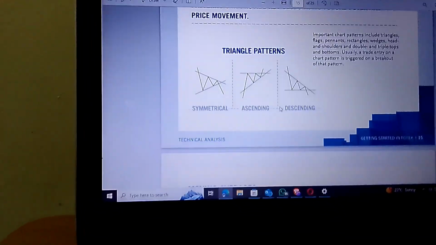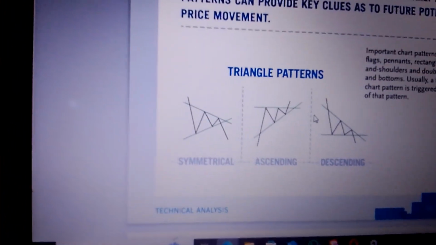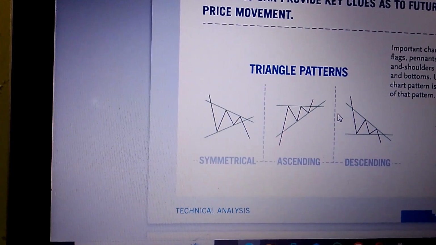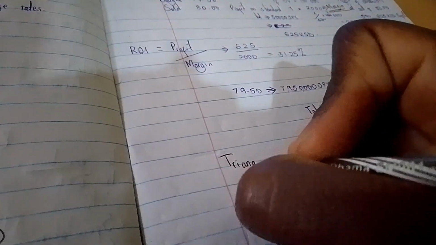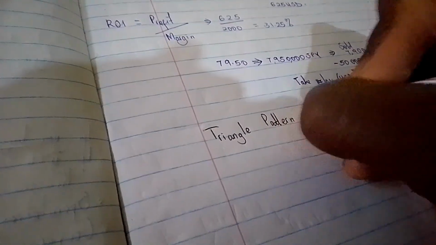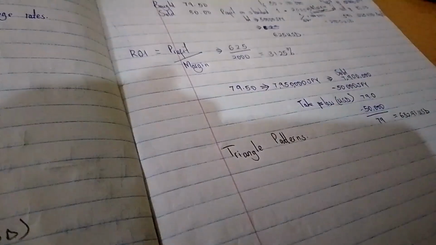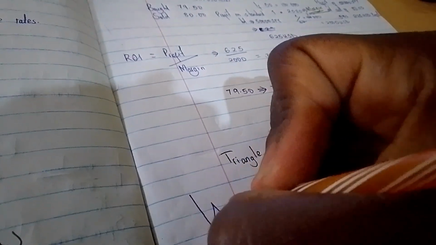So just to understand this, not discussed down below, but generally what I see here is these triangle patterns. Let me just write it down and try showing you. So here we have triangle patterns. There's this one that moves like that.